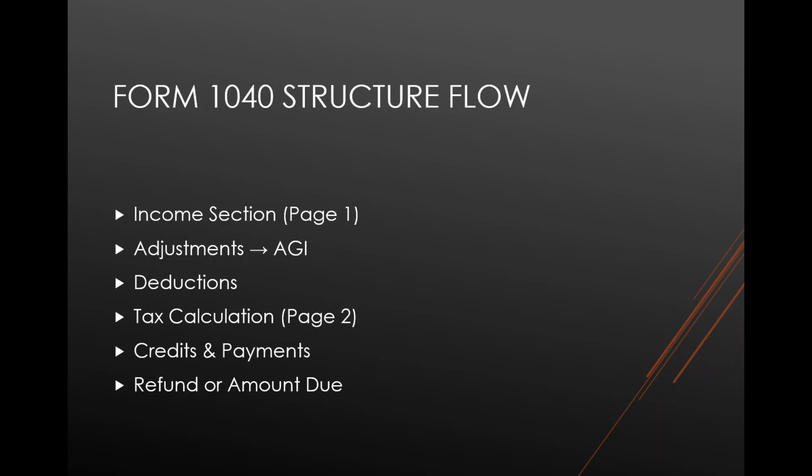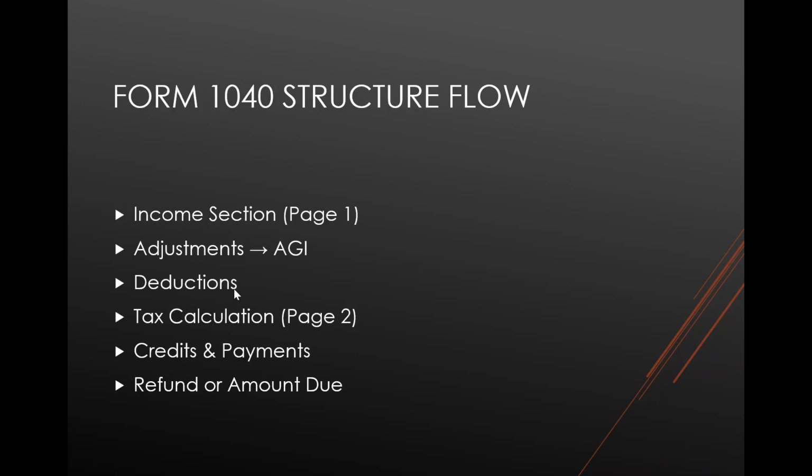The summary return covers income from other sources, like capital gains, dividend income and interest income. Then he has to take the adjustments to income and go to the AGI, the adjusted gross income, and from the adjusted gross income he can claim the deductions.